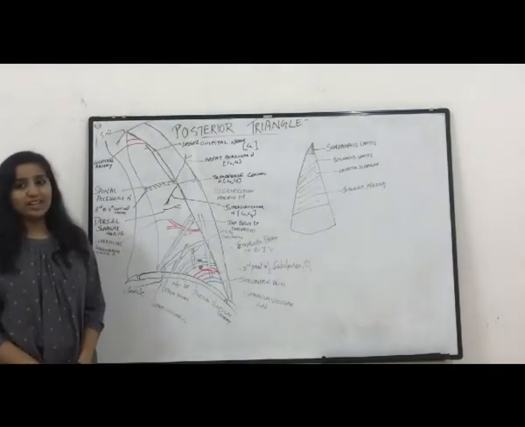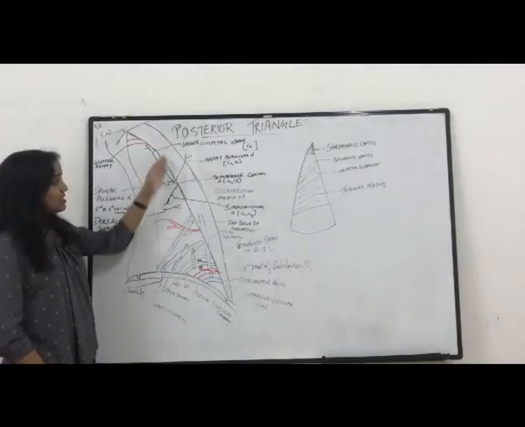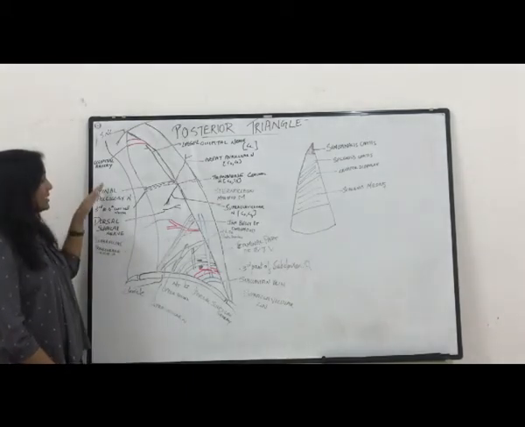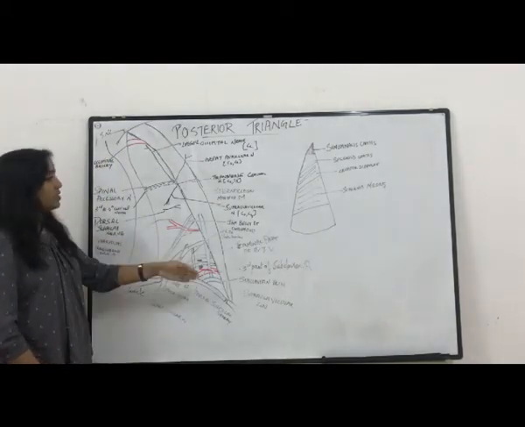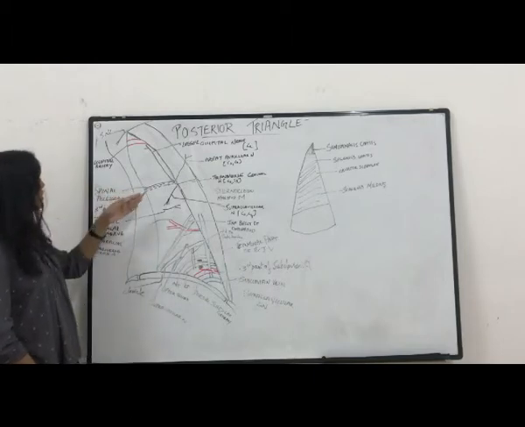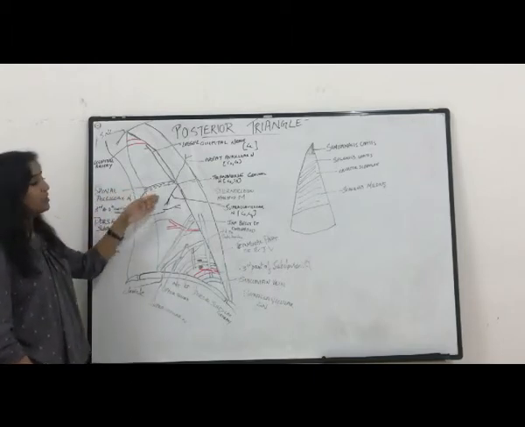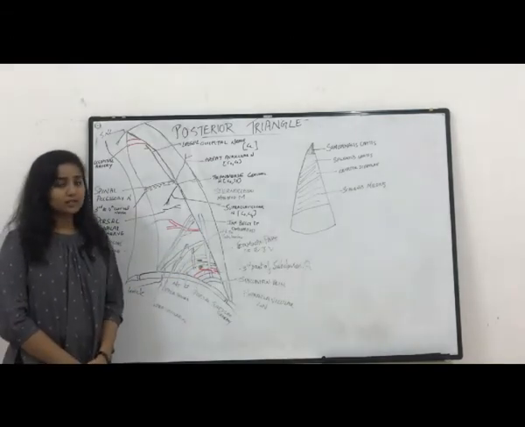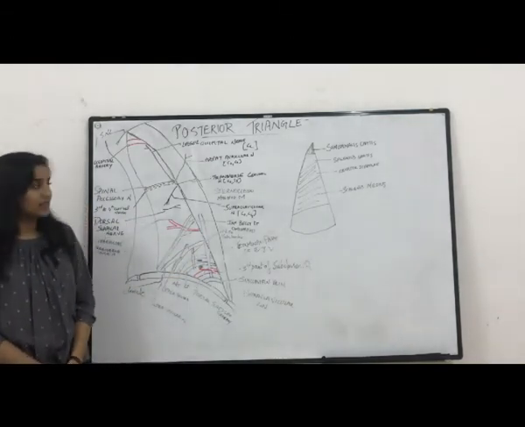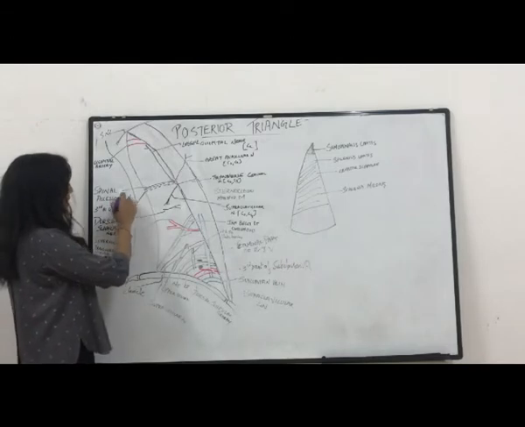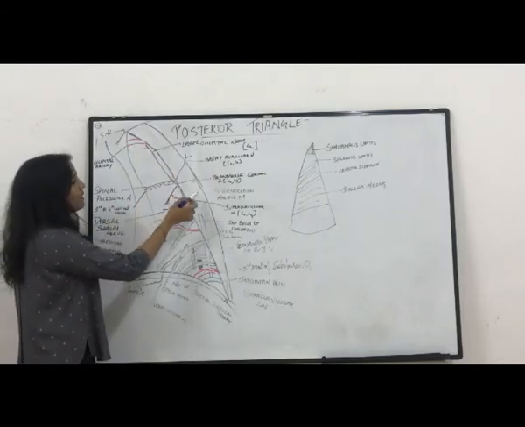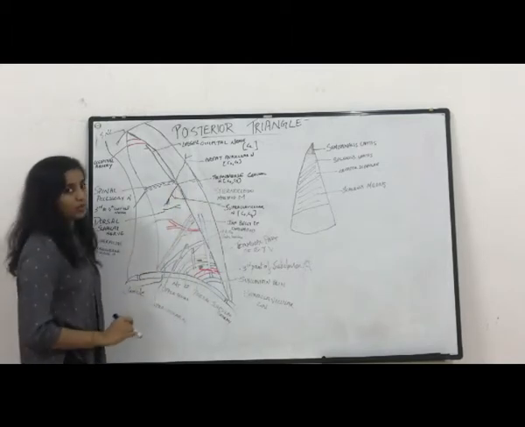So a question will arise: why is the sternocleidomastoid not paralyzed? The spinal accessory nerve supplies both trapezius and sternocleidomastoid, but during spinal accessory nerve damage here, why is the sternocleidomastoid not paralyzed? The answer is that the spinal accessory nerve enters the occipital triangle after supplying the sternocleidomastoid.